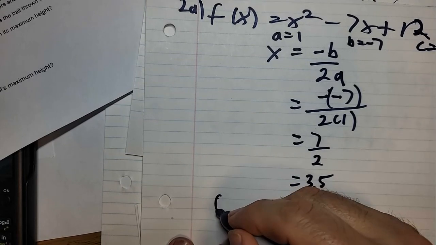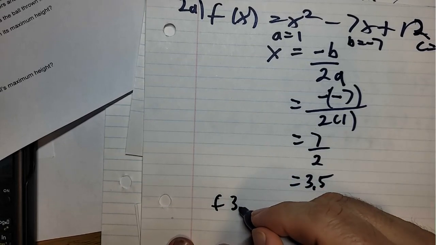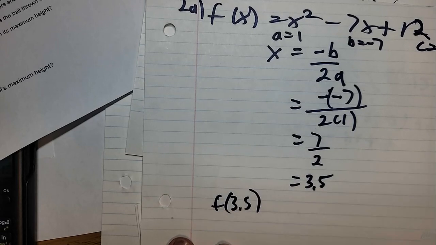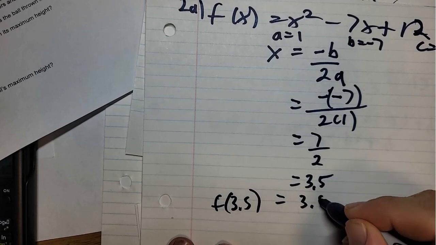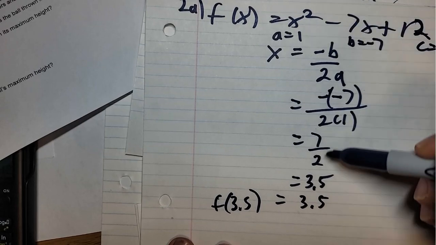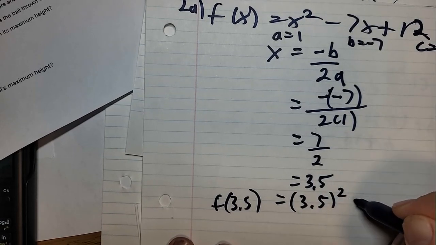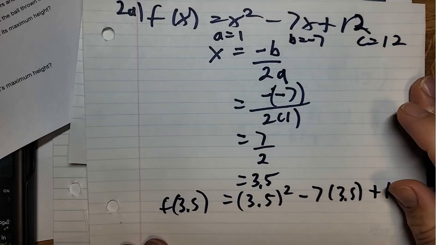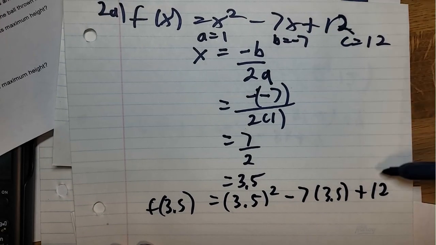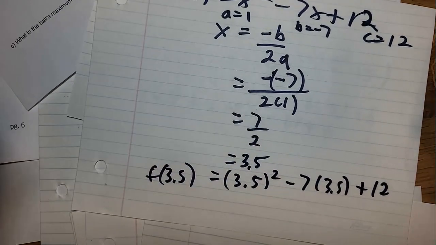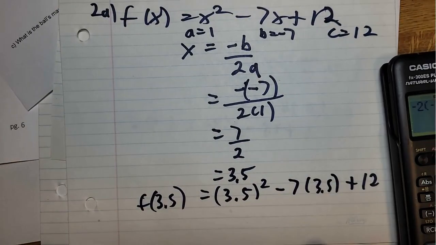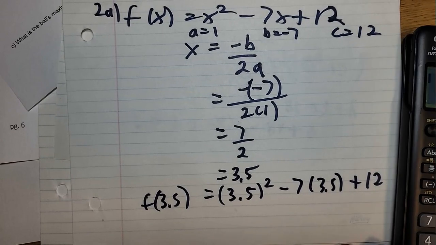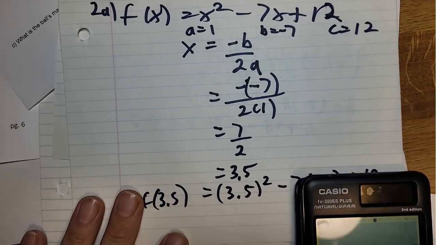Now we're going to find f of 3.5, or the y. We're going to find the y coordinate of the vertex. So wherever we see the x in this equation, we're going to put 3.5 squared minus 7 times 3.5 plus 12. Punch this into the calculator. Let's punch the whole thing in.